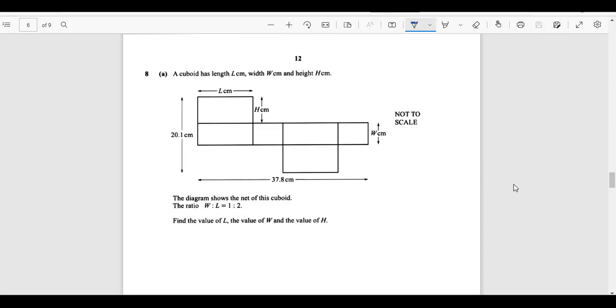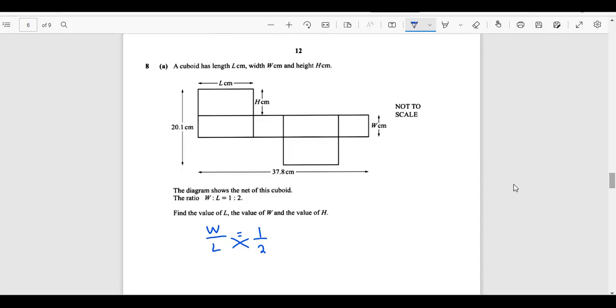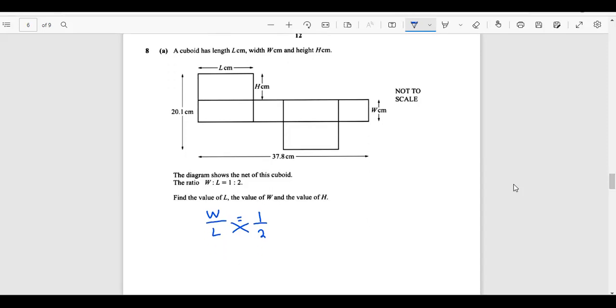This is W by L equals 1 by 2. So if I cross multiply, because I know I have two fractions only, this is going to give me 2W equals L. So this is my first equation.